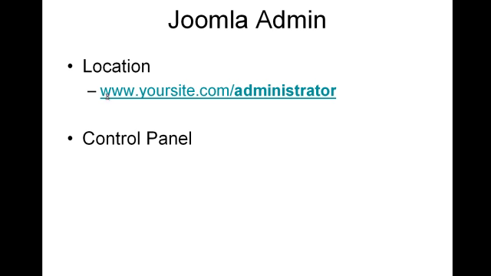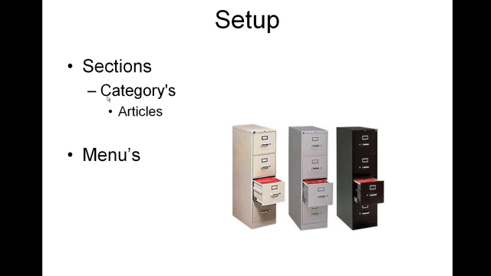So at this point, I'm just going to jump back to the presentation just to refresh our memory here. If you remember earlier when I spoke about the content side of things, where we set up our pages, we have to create sections, categories, and then we create articles, the actual pages where all of your content is stored, using the filing cabinet metaphor.